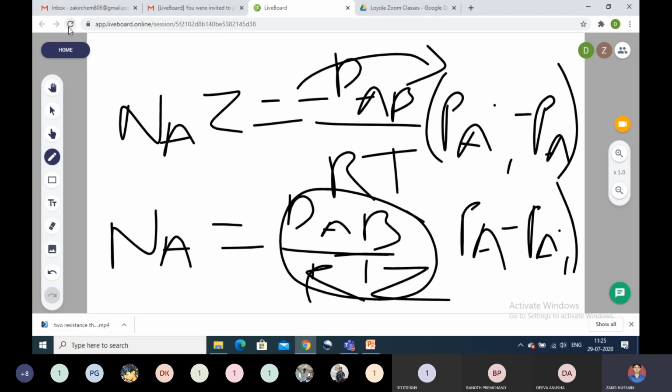Now the flux is directly proportional to the concentration gradient.